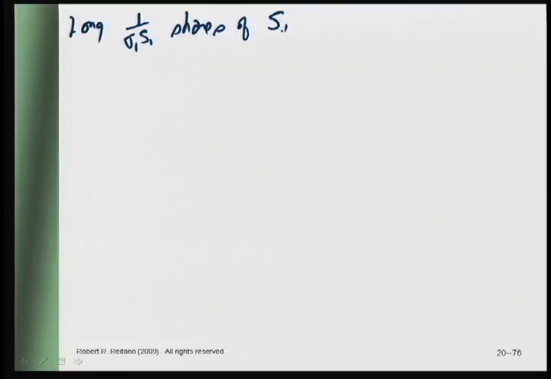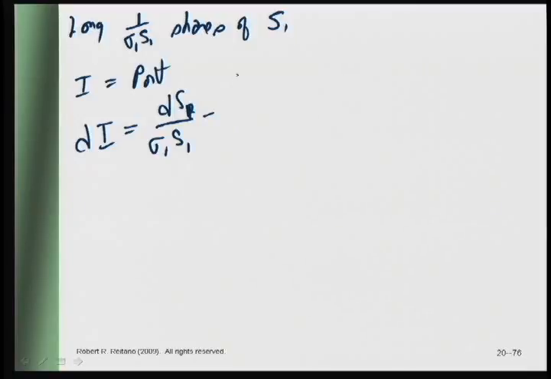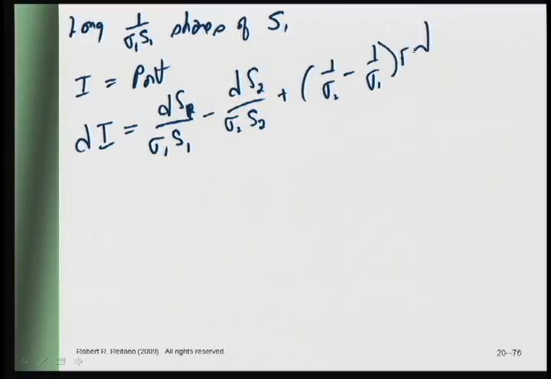What we would get is, if I is the portfolio, we would get that the change in I is equal to dS1 over sigma 1 S1 minus dS2 over sigma 2 S2, and then we have this cash position, 1 over sigma 2 minus 1 over sigma 1, R dt.